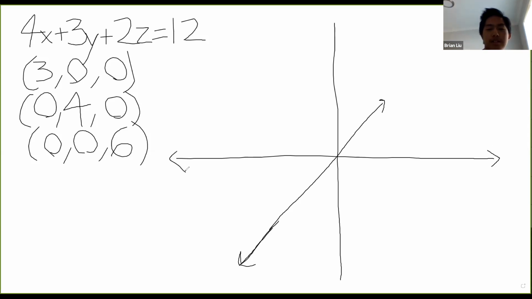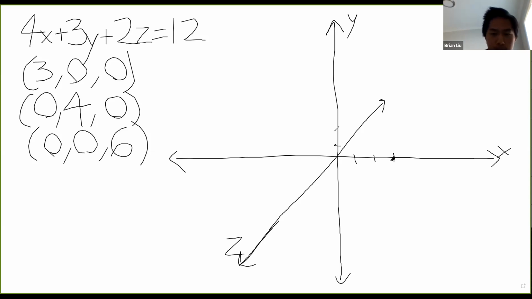Right, so this is the x-axis, this is the y-axis representing y values, and this is the z-axis. So, okay, we can now plot these points. 3, 0, 0. So 1, 2, 3. 3 in the x direction, and then 0 in the y direction, and then 0 in the z direction. So it's just this point. 0, 4, 0.